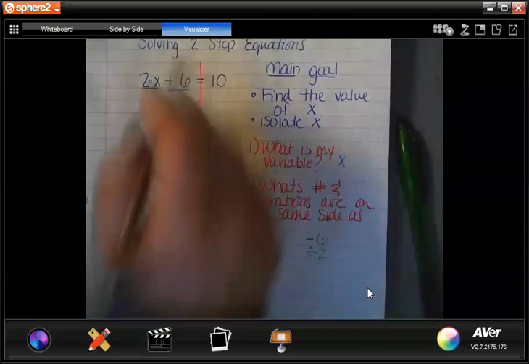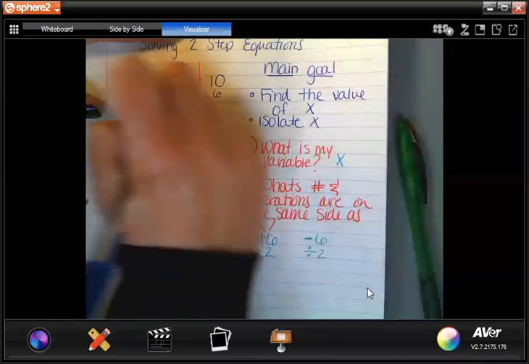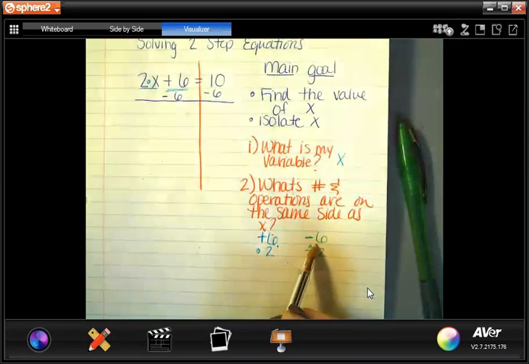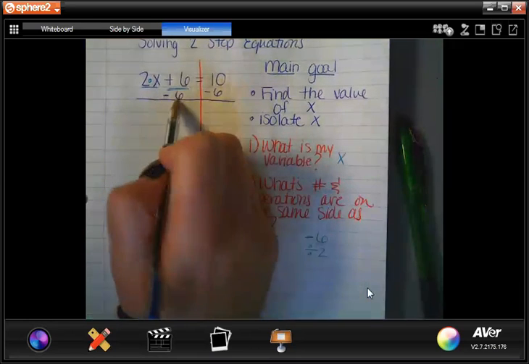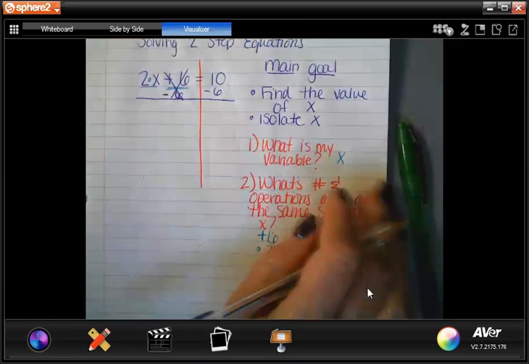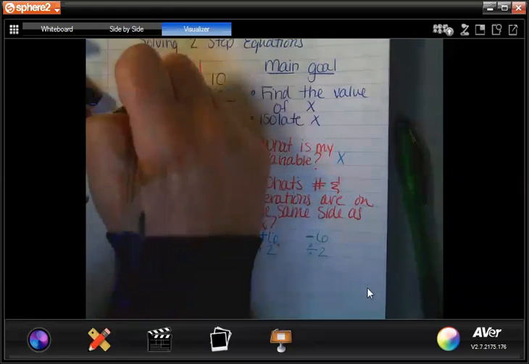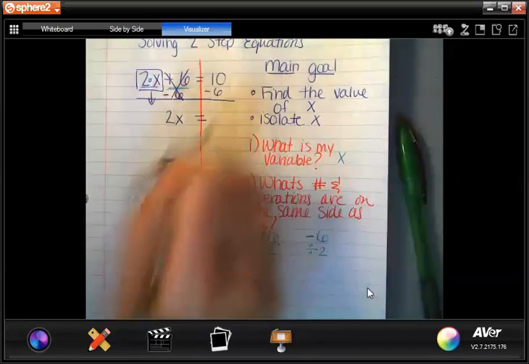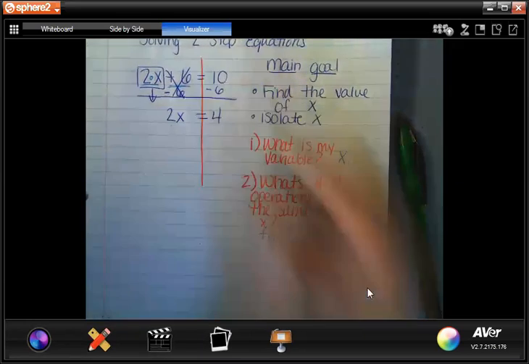I'm going to subtract 6 from both sides, because remember, we added 6, so the inverse is subtracting 6. 6 minus 6 cancels out, it's 0. So I bring down what's left over: 2x. 10 minus 6 is 4.